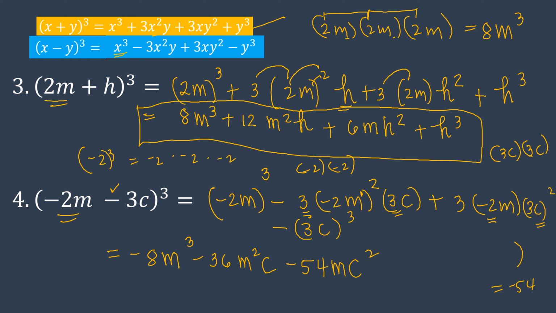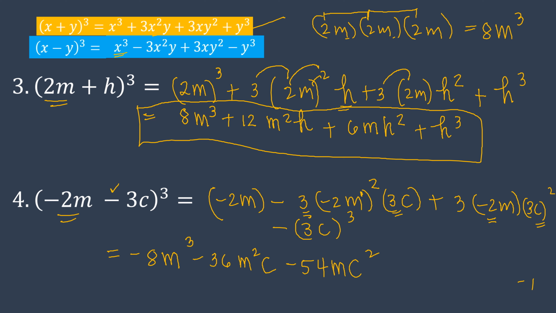Okay, then next, finalizing them, we are going to have the product of its terms. By the way, there is still the last term, which is negative 3c to the power of 3.